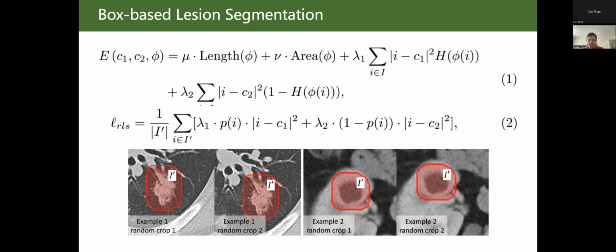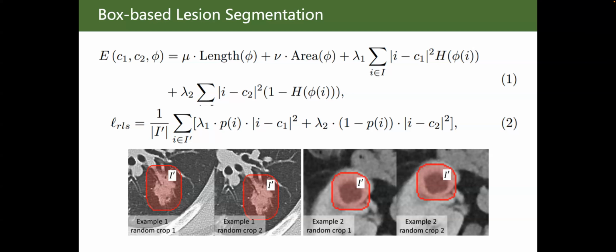The last 2 terms are used to measure the intensity consistency in the regions inside and outside of the objects, respectively. So we can make some specific modifications to get our regional level set loss for lesion segmentation by first removing the first 2 terms, since the lesion sizes are highly diverse, and then we compute the last 2 terms from our constrained regions instead of the entire image region.